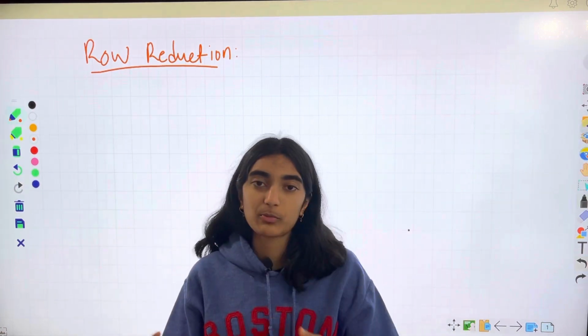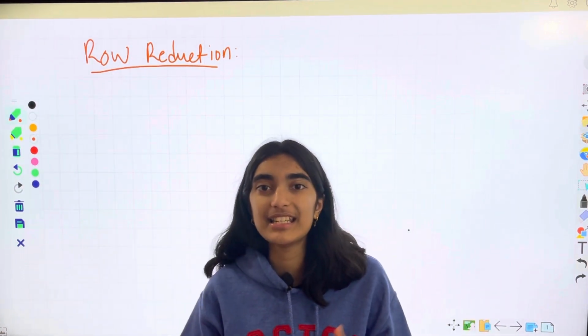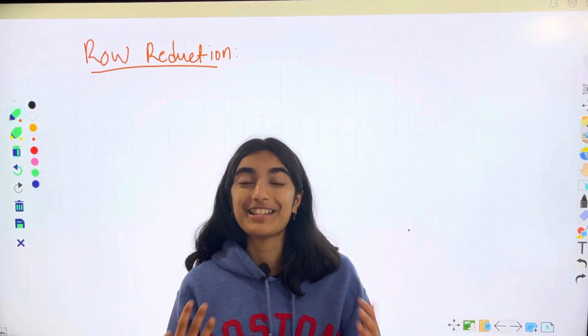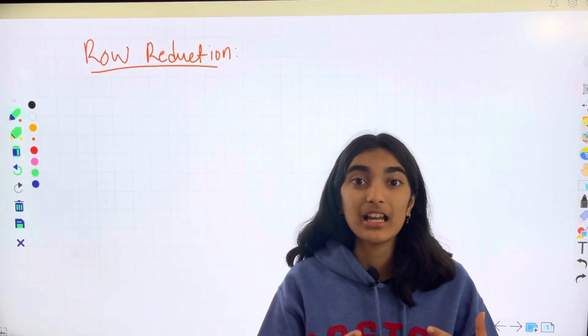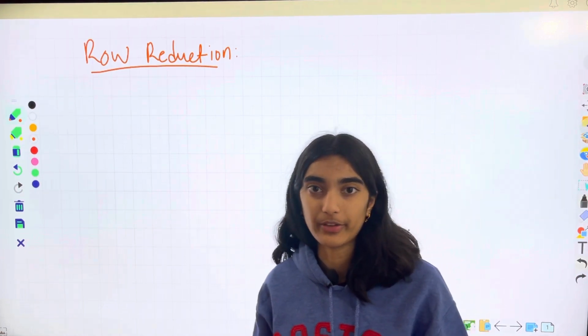So we're replacing one system with an equivalent system that is easier to solve. And by easier, I mean very easy, that essentially you literally get the values of your variables.